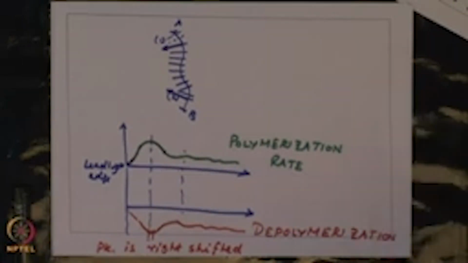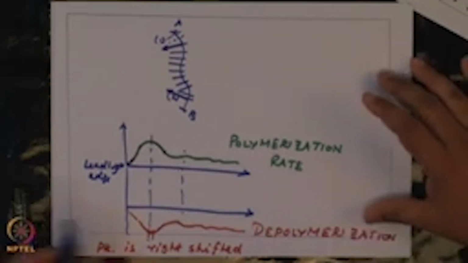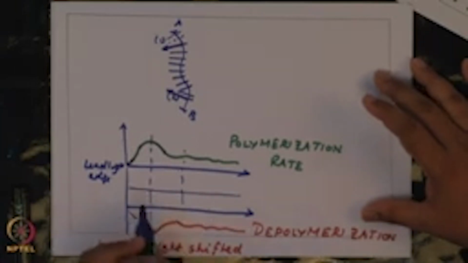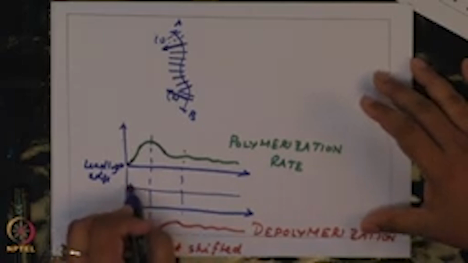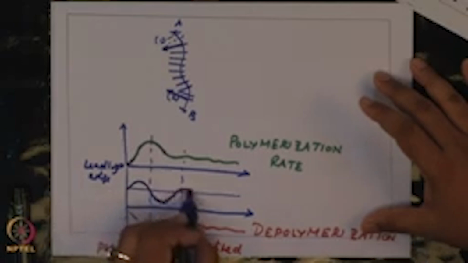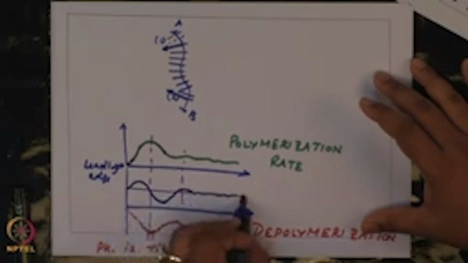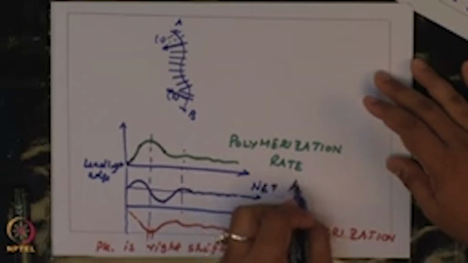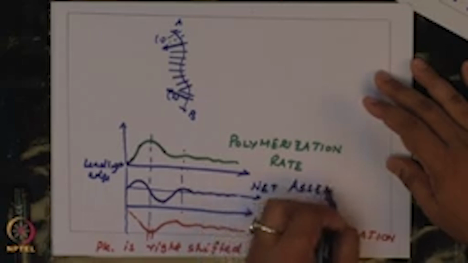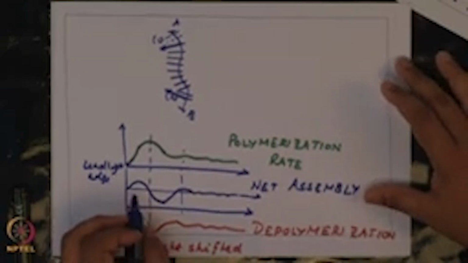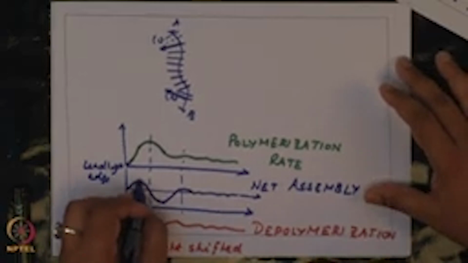If I combine these two signals, I can plot the net assembly rate. So this is my net assembly rate: polymerization plus depolymerization, the sum of the two signals, gives the net assembly rate. What you find is a peak here.